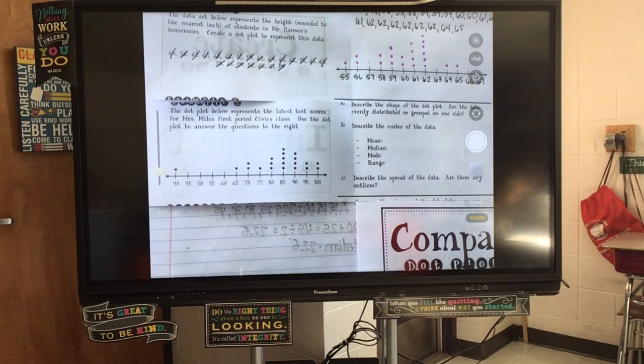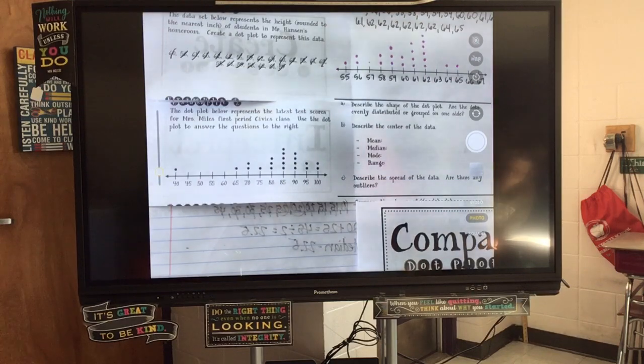Yes or no? You don't know? That's okay, because these are words that we haven't heard. It's okay if you're not exactly sure. Stand up if you feel like they're grouped on one side. Okay, the data is grouped on one side.